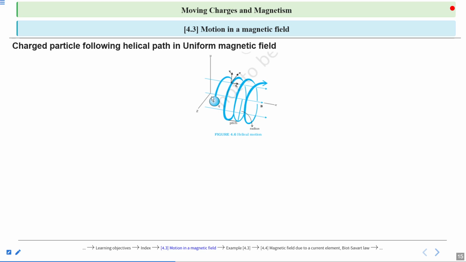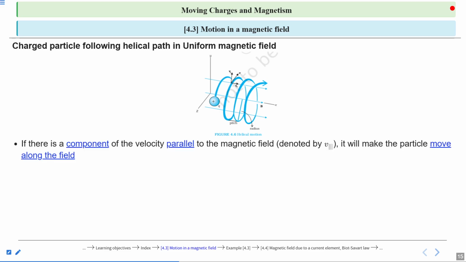This v perpendicular is perpendicular to B, due to which circular motion is followed, and this v parallel will result in linear motion. Due to the combination of both motions, the resultant motion of the charged particle will be helical.